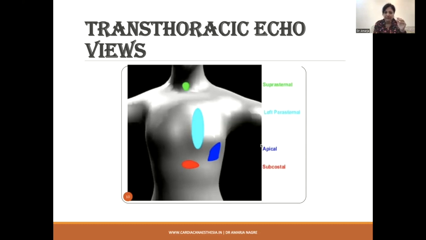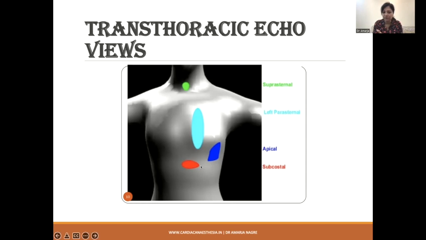Okay, and if you are unable to assess from these 2 windows, for example, the patient is obese, or the patient is a post-surgical patient who has poor windows due to edema or something, if the patient has subcutaneous emphysema, bandages or dressings, drains, if you are not able to see your windows through the left parasternal or apical, then comes the subcostal view.